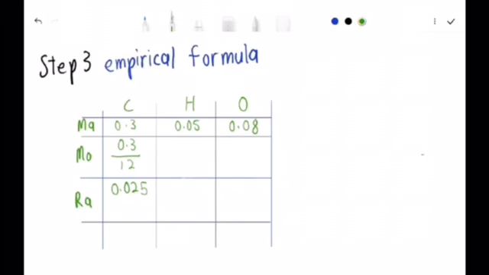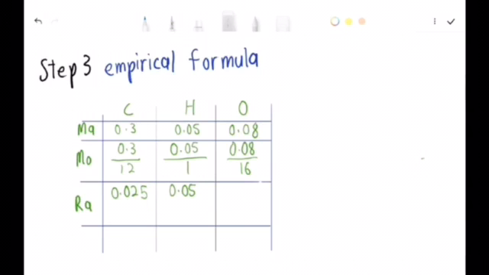Next, the number of mole for hydrogen is 0.05 over 1, and the answer is still 0.05. Next, the number of mole for oxygen is 0.08 over 16, and we get 5 times 10 to the power of negative 3.